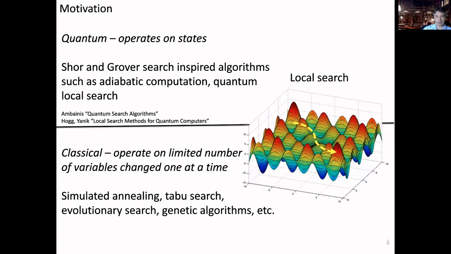So we're going to discuss how we hybridize the classical local search and use the NISQ devices effectively, and how we overcome this barrier of the classical local search and operate not on the limited number of variables that are changed at a time, but on many variables in one step.